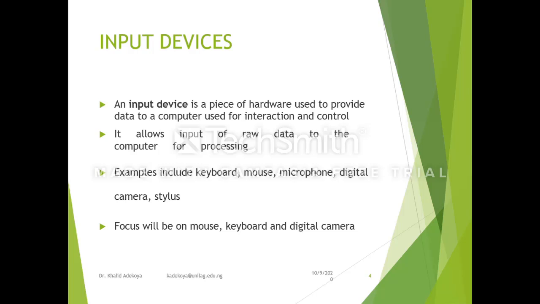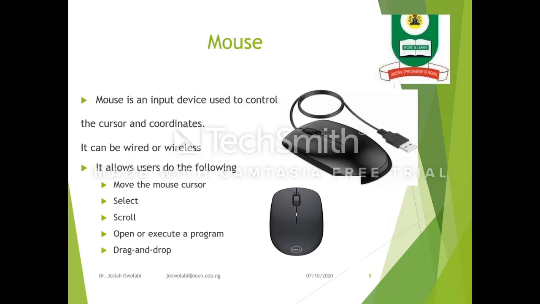There are different devices that you can categorize as input devices. You have the keyboard, you have the mouse, you have the microphone, digital camera, stylus, joysticks, and the rest of them. But for the purpose of this lecture, we'll focus on the mouse, the keyboard, and the digital camera.